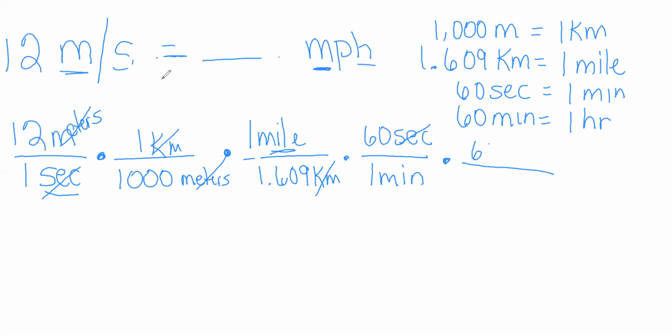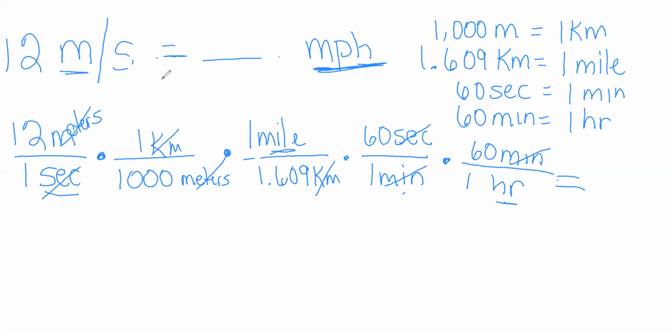We said there are 60 minutes, and we're going to put that on the top because we've got to eliminate minutes, and minutes is on the bottom of the previous fraction. And there's 1 hour, that's 60 minutes in an hour, because we're trying to get to hours. Okay, so now we're left with hours here. We're left with miles there. That's what we want, miles per hour.